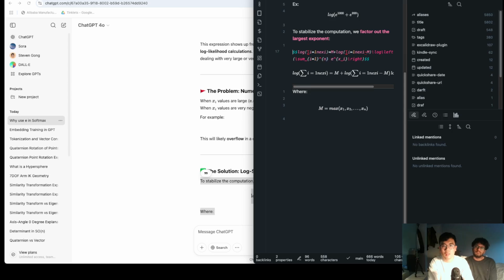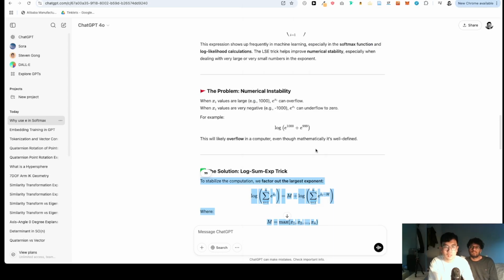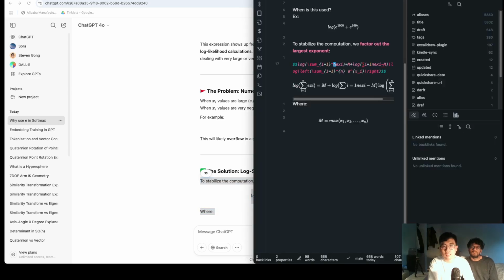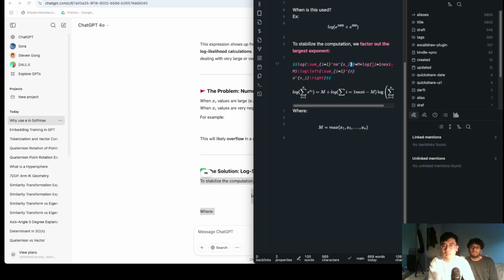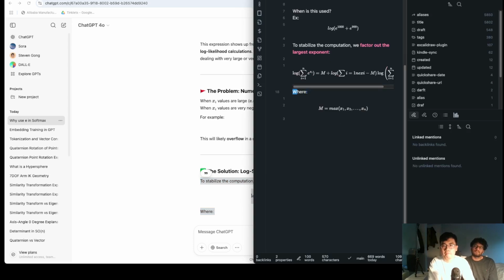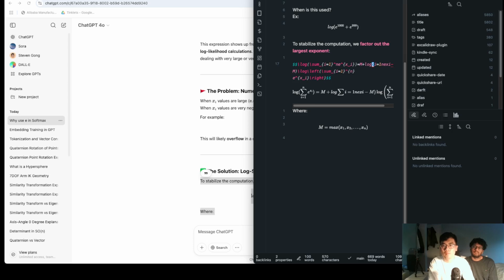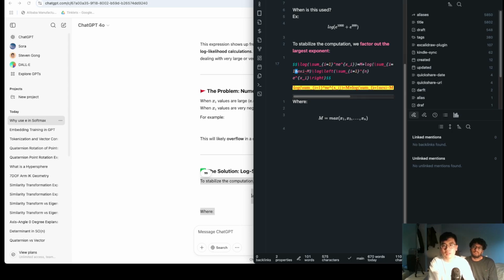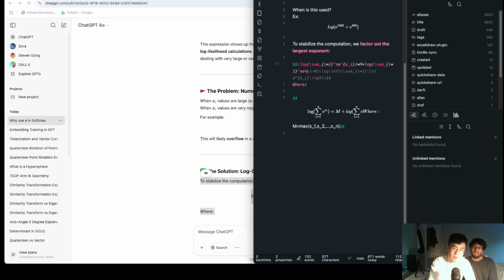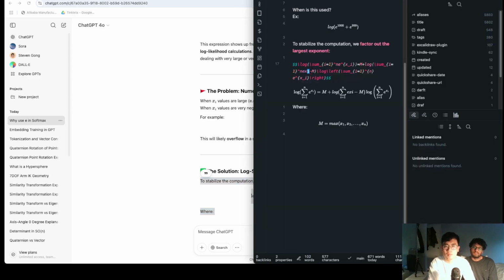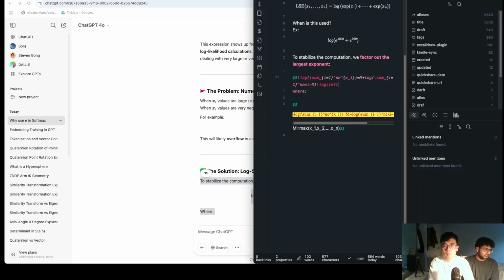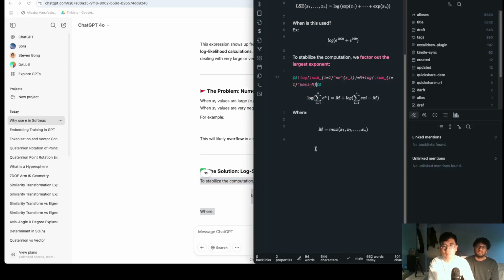Log of sum of i equals 1 to n of e to the x_i is equal to m plus log of sum of i equals 1 to n of e to the... Is that right?